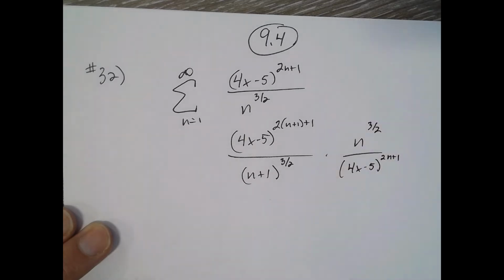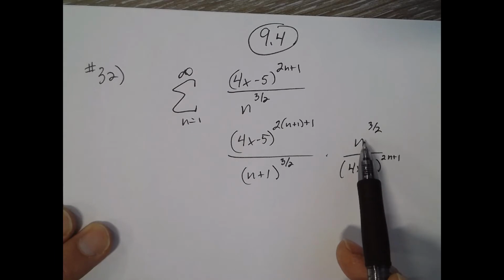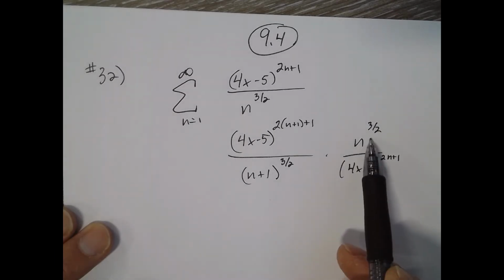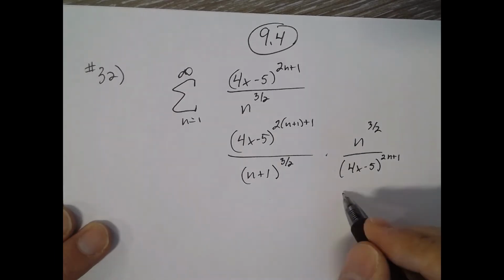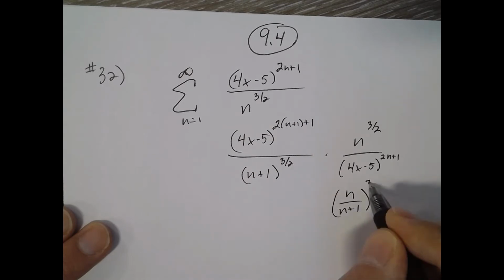Alright, so this over this: n to the 3 halves over n plus 1 to the 3 halves is the same as n over n plus 1 to the 3 halves.